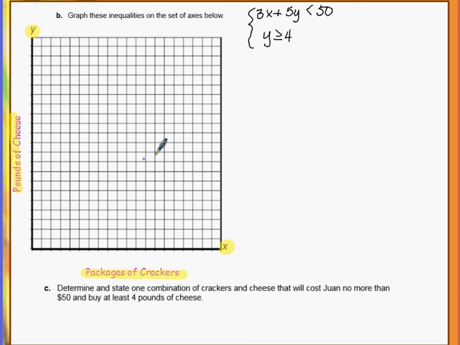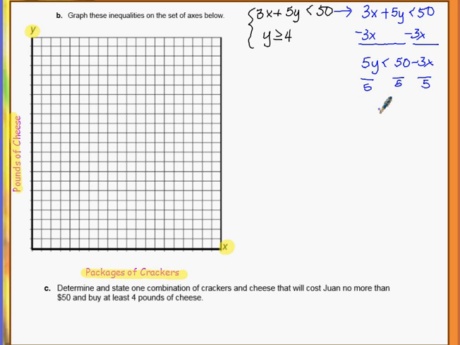So let's rewrite this first inequality. We want to get it into slope-intercept form. So 3x plus 5y has to be less than 50. If I subtract 3x from both sides, remember we want to isolate the y, we end up with 5y is less than 50 minus 3x. Now I divide every single term on both sides by 5.